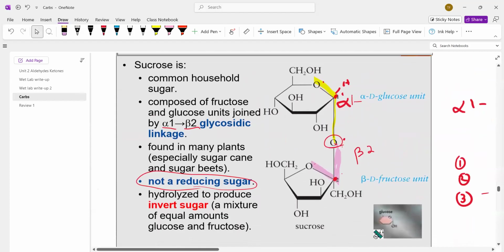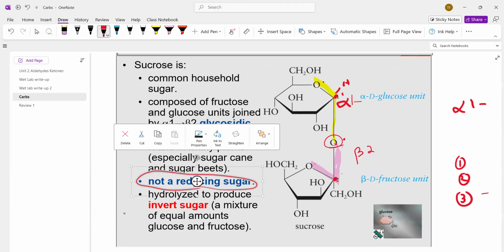Sucrose is also a disaccharide. So again, if we look at linkage, and secondly, we look at hemiacetal present or not, which means it's going to be a reducing sugar. Okay, so here we have glucose on the top, fructose on the bottom.